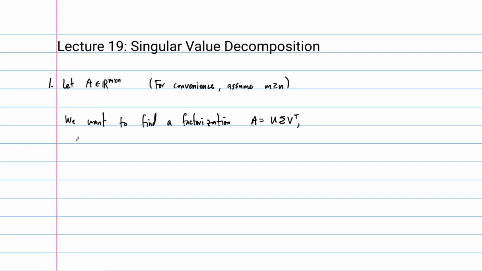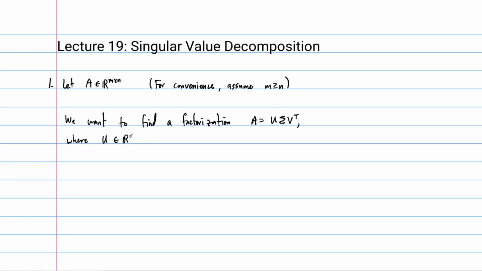So where U and V are both going to be orthogonal matrices of appropriate dimensions. So I'm going to write out what the dimensions are, but because of where they lie in relation to the sigma and because of the dimensions of A, U has to be an m by m orthogonal matrix.